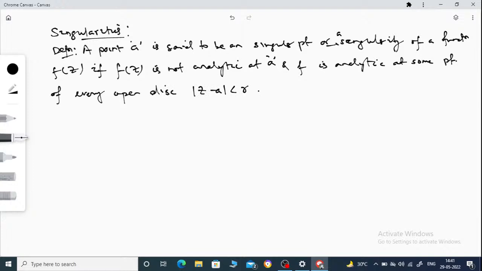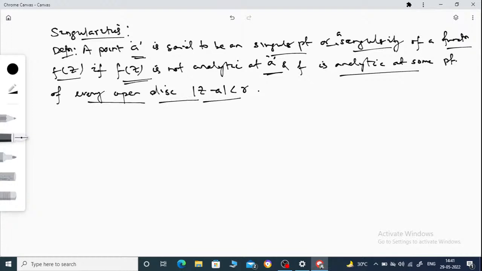So, A is said to be a singular point or a singularity of a function f of z if f of z is not analytic at A and f is analytic at some point of every open disk |z minus a| less than r.